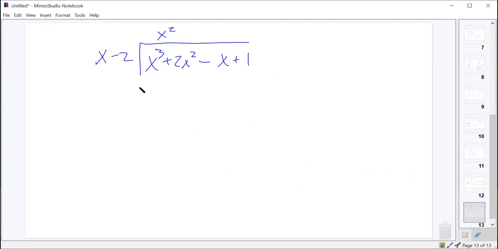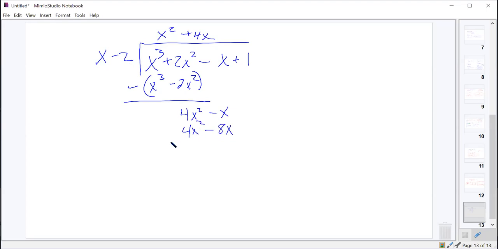Then we distribute x squared to the x and the -2, and then we subtract. So 2 minus -2 is 4. And we'll bring down the minus x, and x times 4x gives us 4x squared minus 8x. Subtract: -1 minus -8 is a positive 7x, and we'll bring down the 1.